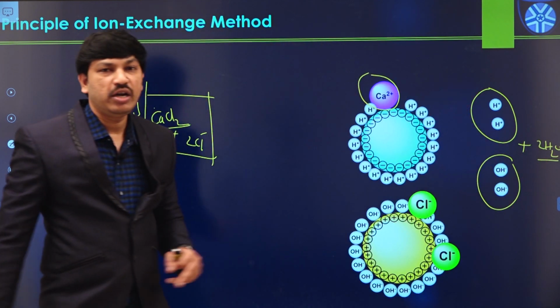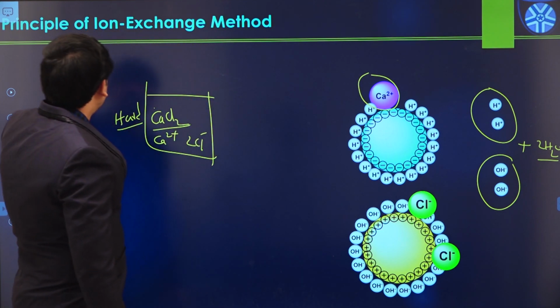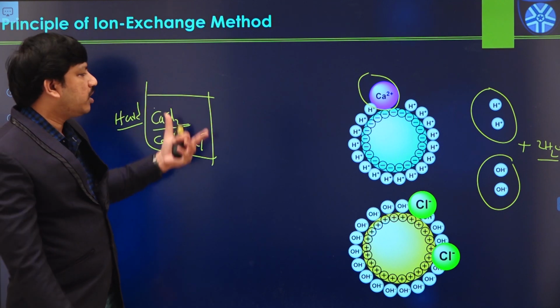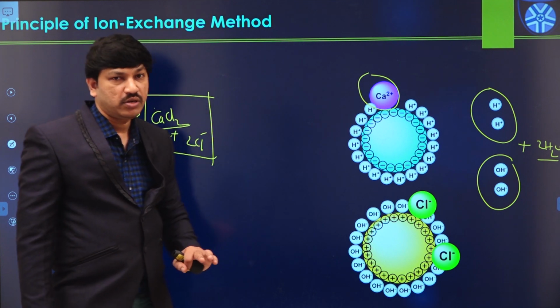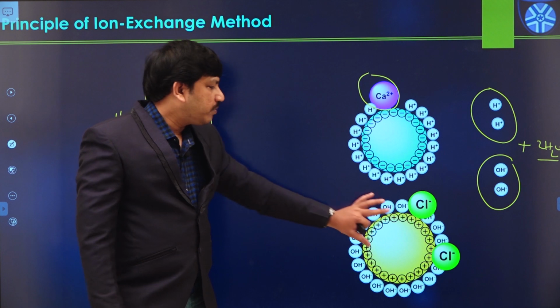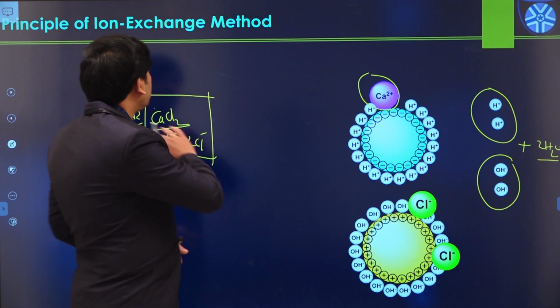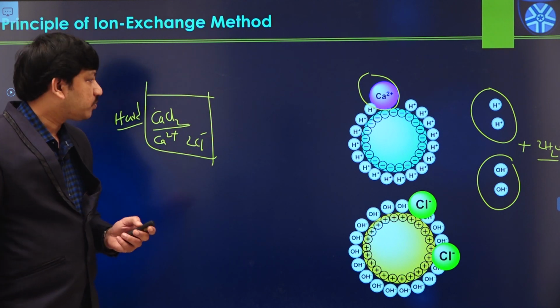This is called demineralized water in this method. So basically there is an exchange of cations from the solution to the resin surface, or an exchange of anions from the solution to the surface of the resin. Like this there is an exchange of ions in this particular method.